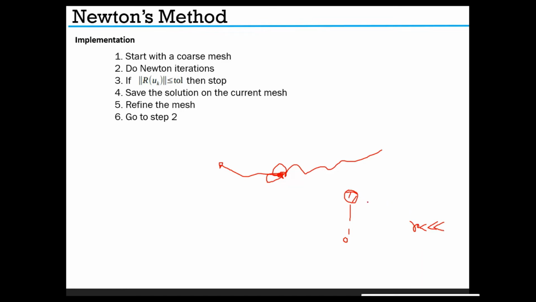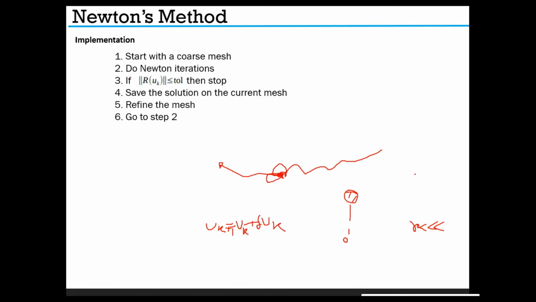So in that case the convergence will be very short, very small. And that's why it doesn't work like u_k+1 equals u_k plus del u_k; it always doesn't work like that.